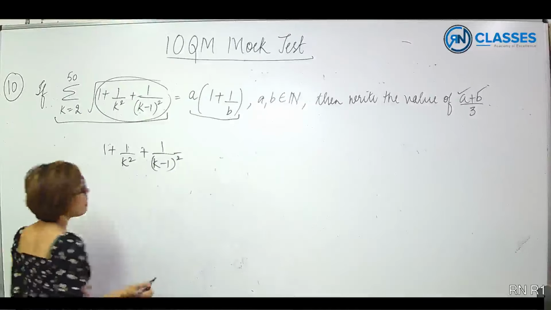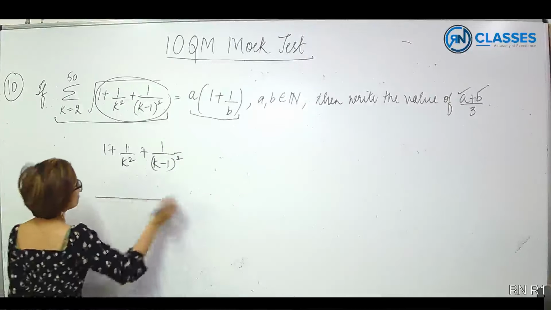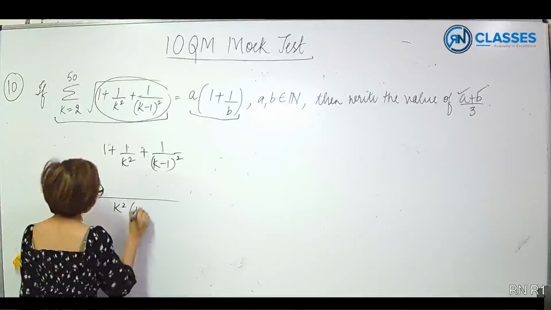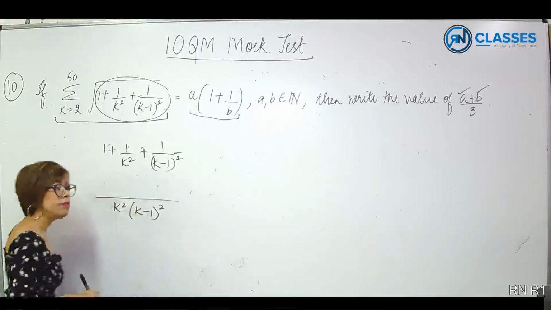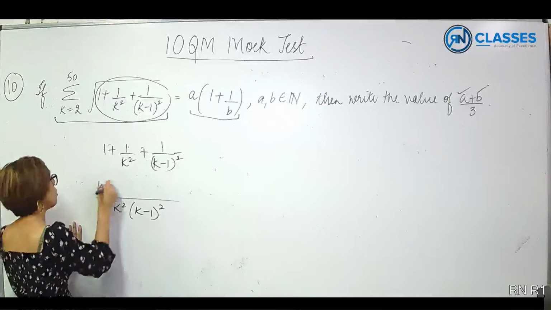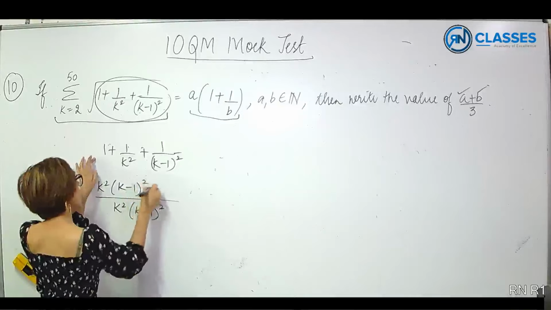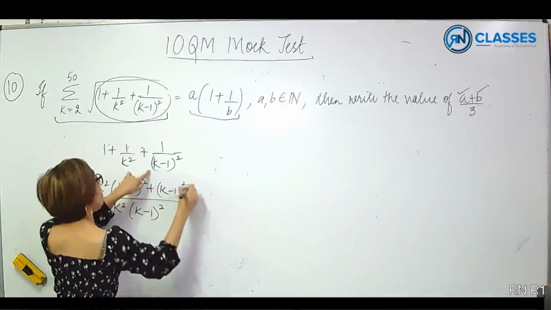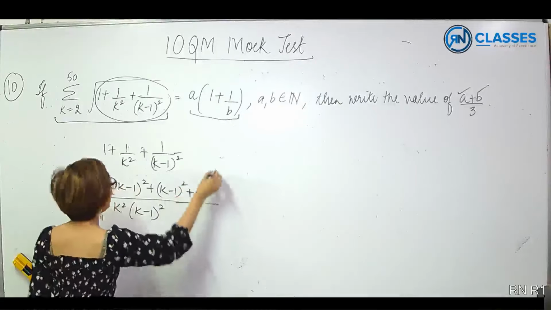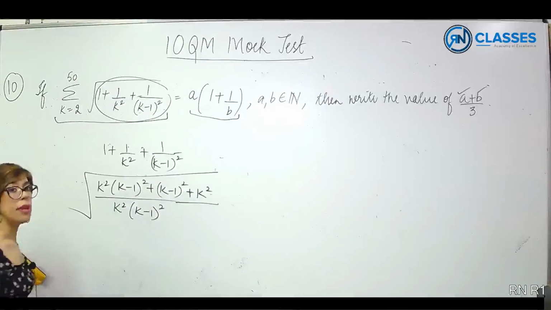Right? Now, the very obvious step would be to take the LCM. So, k square into k minus 1 whole square. Cool? Now, obviously, I'll get here k square into k minus 1 whole square plus k minus 1 whole square plus k square. Right? This is the quantity inside the square root.